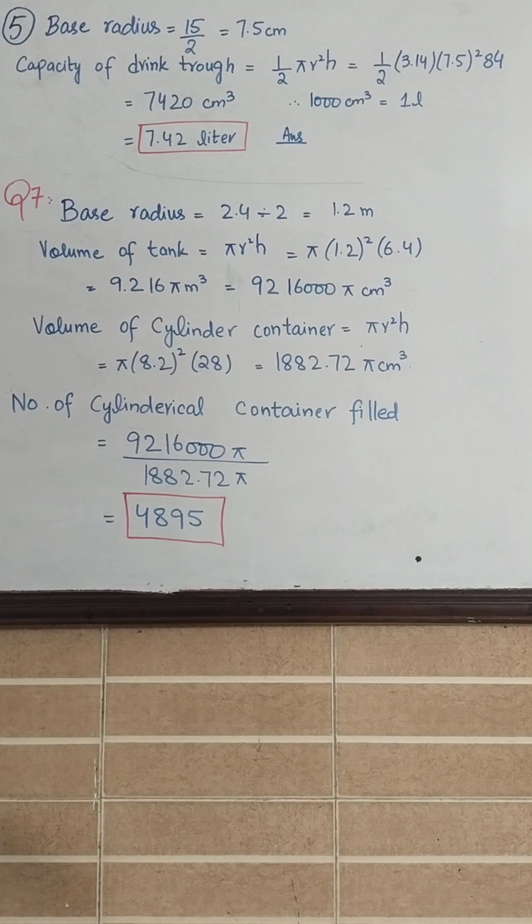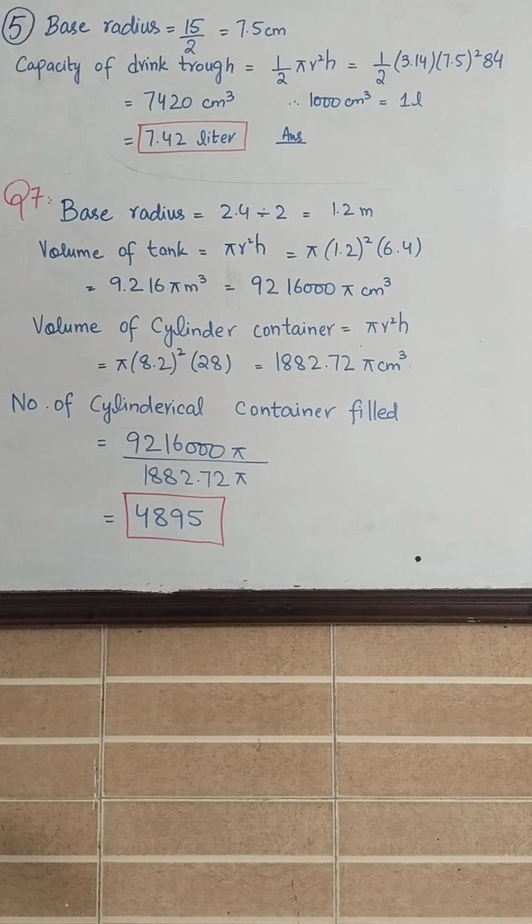So here are basically two cylindrical objects. One is the tank and the other is the cylindrical container. The measurements given for the tank are in meter. The diameter is 2.4 meter and the height is 6.4 meter. And the cylindrical container's measurements are given in centimeter.